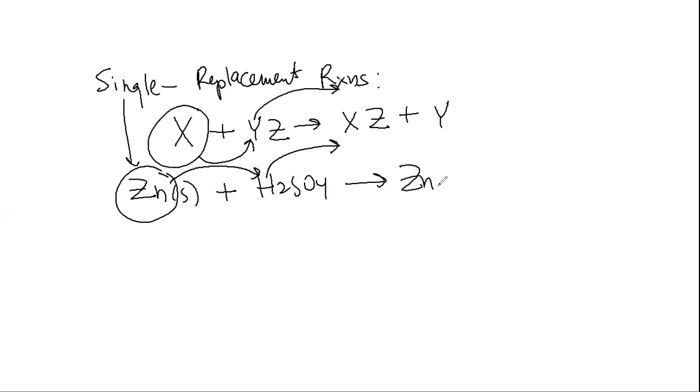It will be zinc SO4 plus H2. And remember, guys, you always want to put now the states of each chemical, the physical states, right? Aqueous, and this is gas, of course.